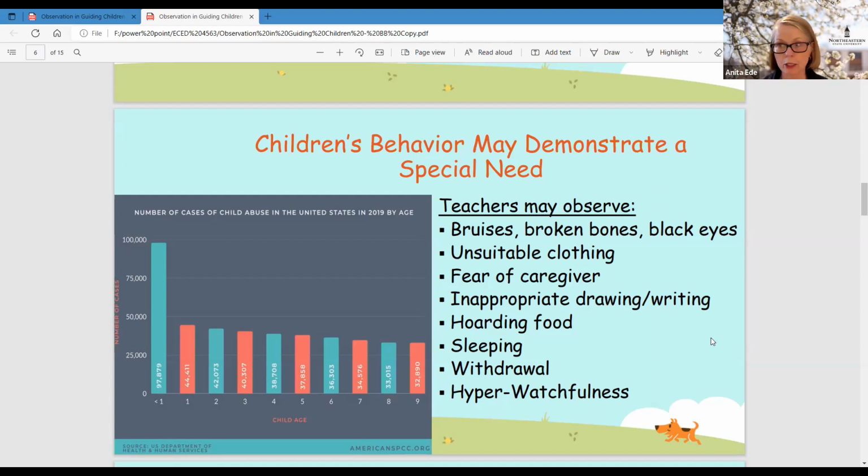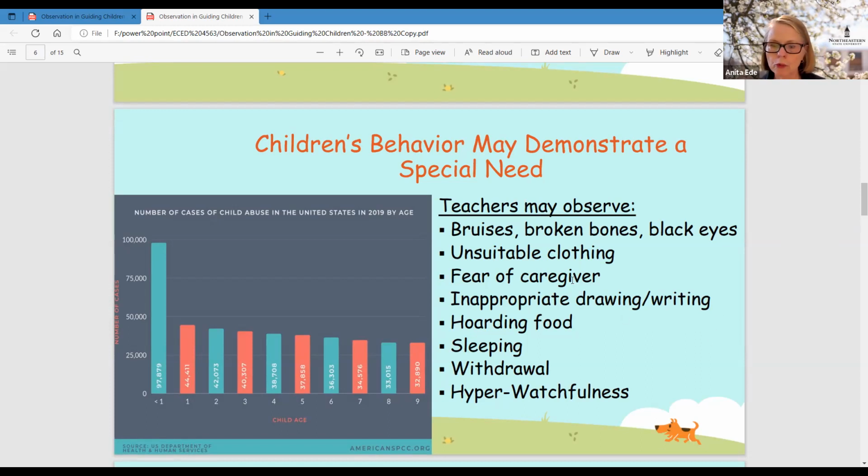If for some reason you don't have any guidelines and nobody is responsible for reporting, then you are, because as a teacher, you are a mandated reporter. That means you have to report, or you can be held liable, and you cannot be charged with anything for reporting, even if it turns out there's nothing wrong.